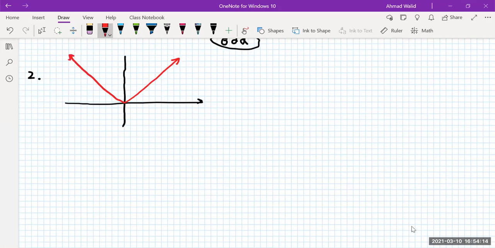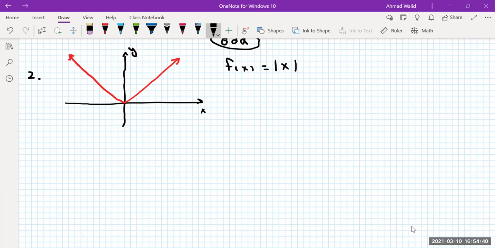It's another common function, which we call the absolute value function. It means f of x equals absolute value of x. This is another common function or parent function, correct? What are the domain and range of this function?